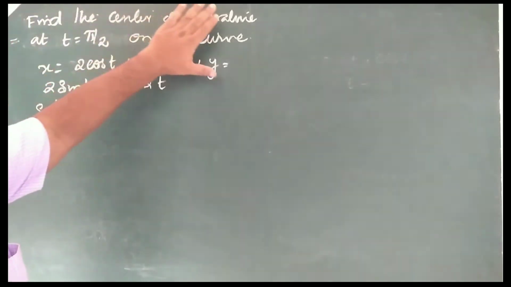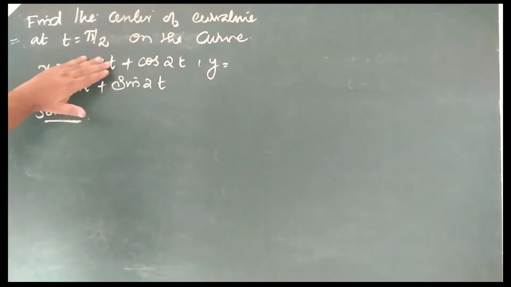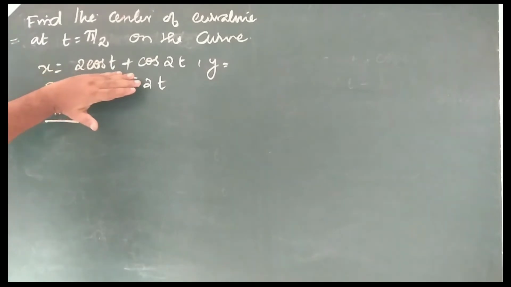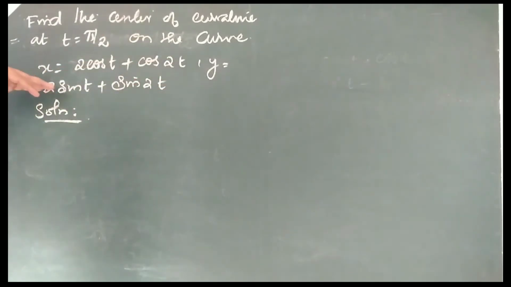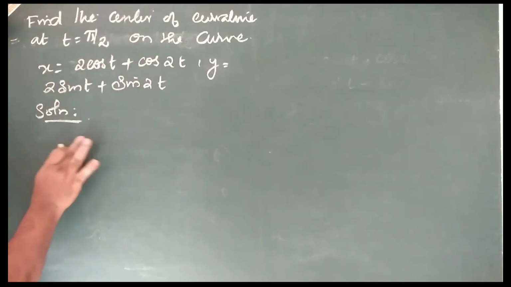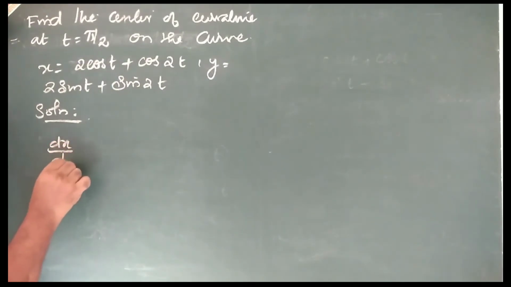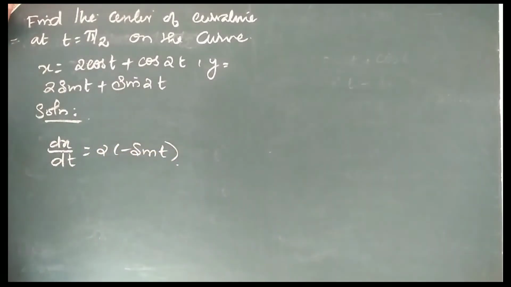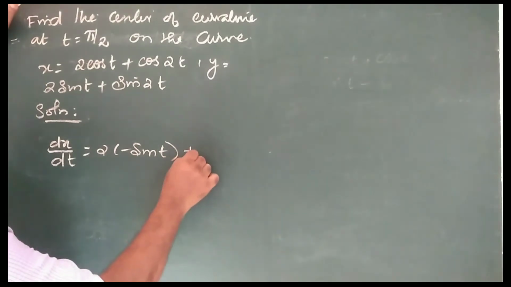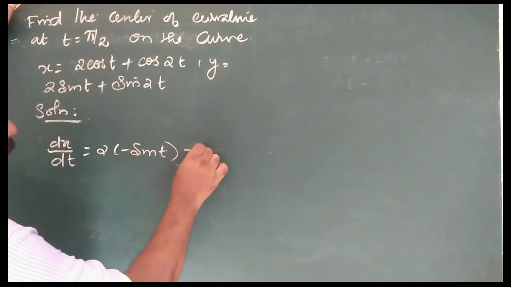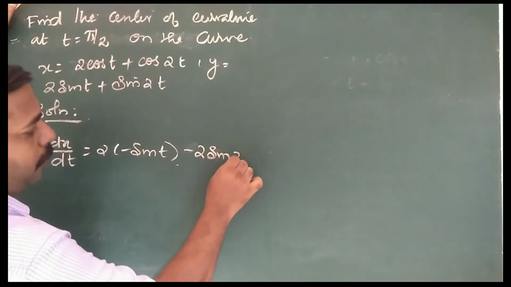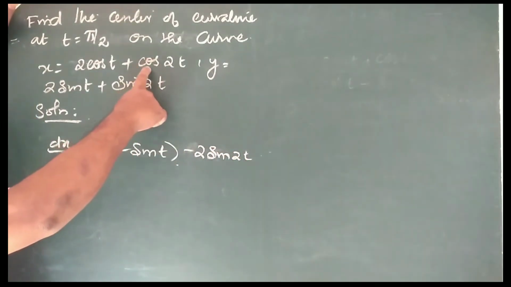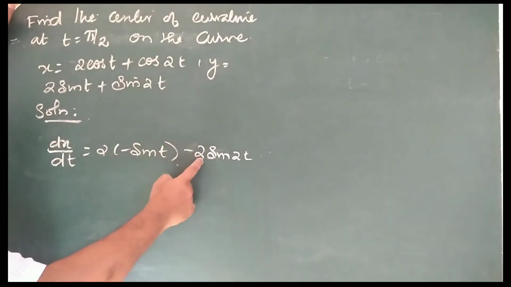Find the center of curvature at t is equal to pi by 2 on the curve x is equal to 2 cos t plus cos 2t and y is equal to 2 sin t plus sin 2t. The solution is, first you find dx by dt. So dx by dt is equal to 2 into minus sin t, the differentiation of cos t, plus the differentiation of cos 2t, which is minus sin 2t into 2, because the differentiation of 2t is 2.